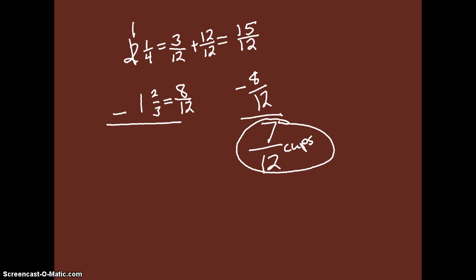And I'll use a different color ink just to help differentiate. So once again, we have 2 and 1/4 subtract 1 and 2/3. Now let's go ahead and convert both of those mixed numbers into improper fractions. An improper fraction is simply a fraction whose numerator is larger than the denominator.